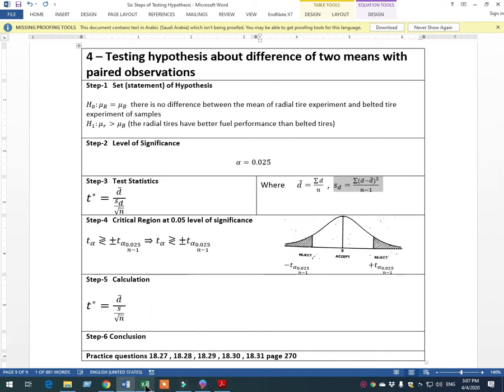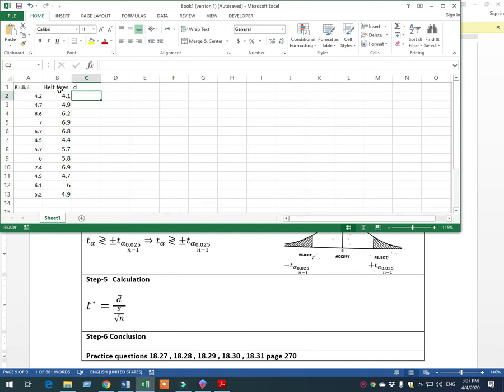So I was doing it correctly, R minus B, that is radial tire score minus belted tire score. All the radial tire scores are being subtracted by the belted tire scores.